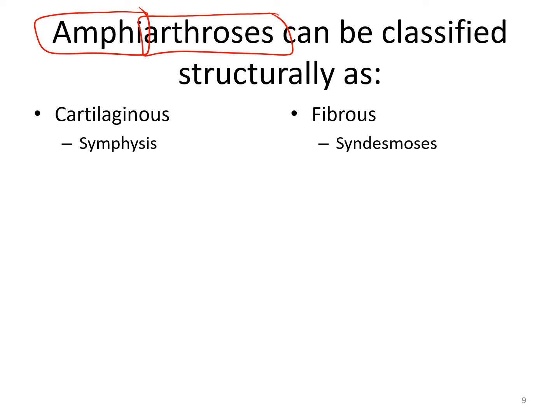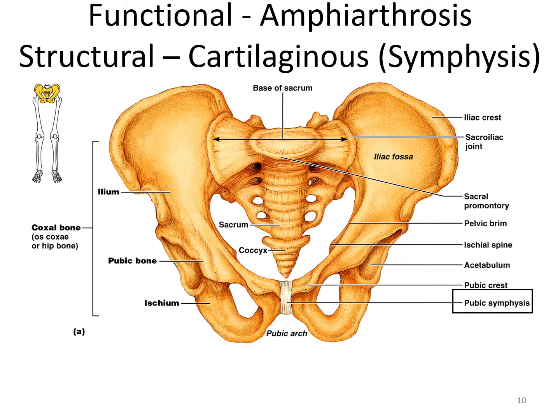So cartilaginous joints may be classified as symphysis joints. Fibrous may be classified as syndesmoses. All right, so let's take a look at this pubic symphysis right here between the two pubis bones. That pubic symphysis is a piece of cartilage between those two pubis bones. Now, that piece of cartilage is meant to provide a small degree of flexibility.